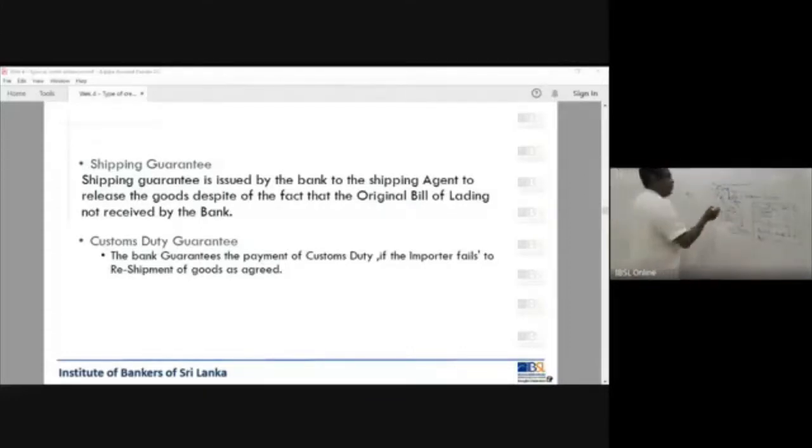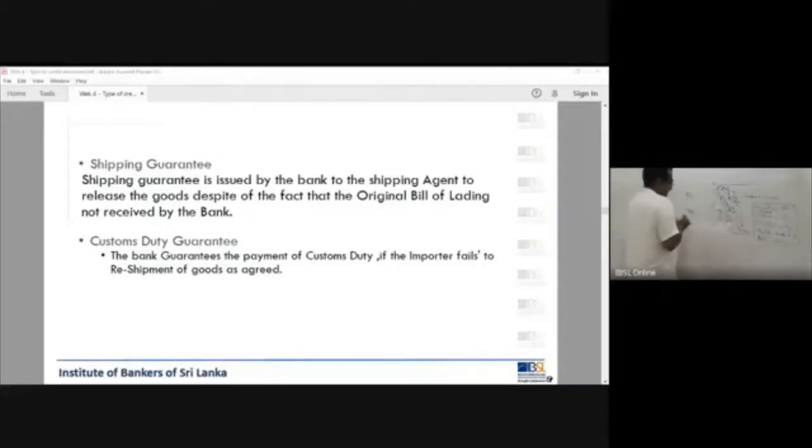And the ownership documents were sent through the bank to bank. Right? Documents are sent through the bank. Right?